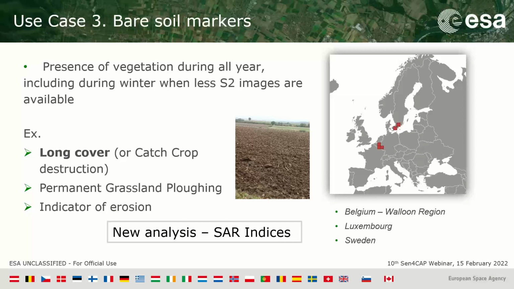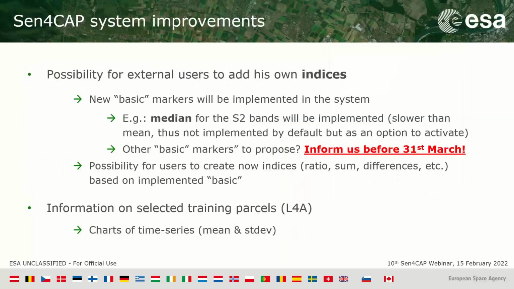So that was the 3 use cases, and the last improvement that we want to do is more about the Sen4CAP system itself. We want to offer the user the possibility to add their own indices.